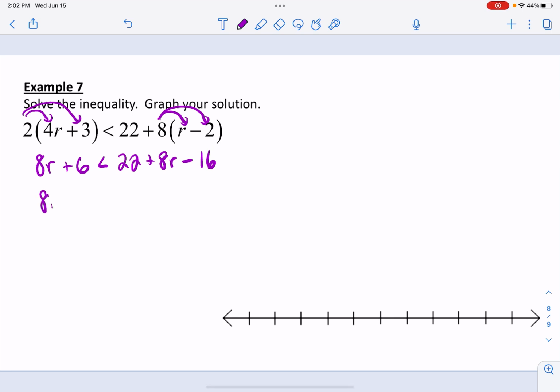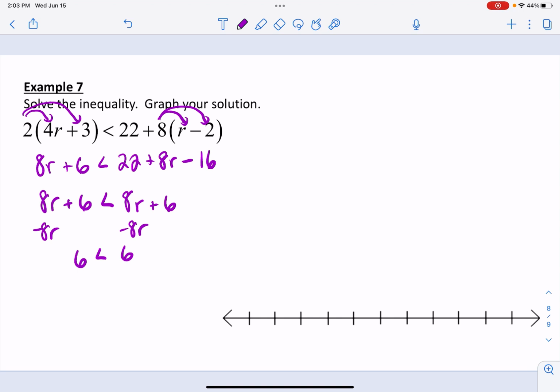Okay, simplify, combine like terms on both sides of your inequality. So I have 22 minus 16. That is a 6. And it's a positive 6. Okay, sorry. So, subtract 8r from both sides. 6 less than 6. Well, technically that's never true.